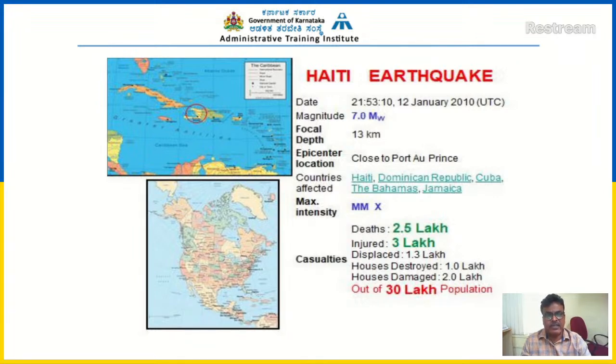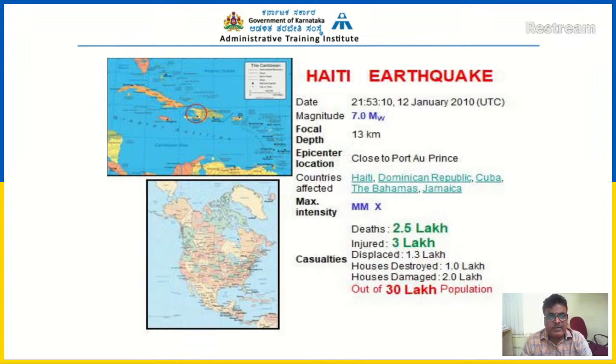Why so many losses and damages as compared to Bhuj? In India, it has been managed very well as compared to other countries. In Bhuj, still, the houses that were constructed were very badly built, with poor building materials, poor foundation, and no designs.